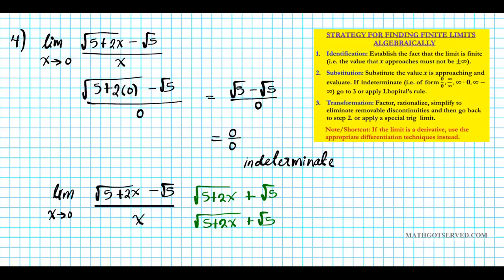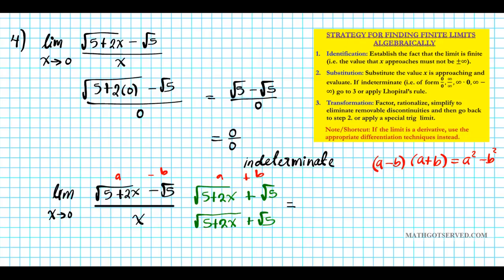All right, now when you simplify this, in the numerator, recall (a minus b) times (a plus b) is what? It's a squared minus b squared. Okay, so we can apply this difference of squares formula to this situation here. This is our a minus b, and this is our a plus b.